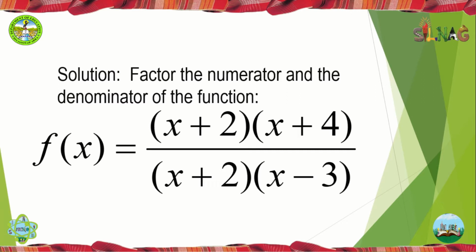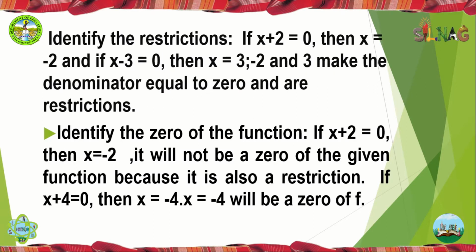And then the factors of the denominator are the quantity of x plus 2 and the quantity of x minus 3. So, we identify the restrictions. If x plus 2 is equal to 0, then x is equal to negative 2. And if x minus 3 is equal to 0, then x is equal to 3. Negative 2 and 3 make the denominator equal to 0 and they are the restrictions.